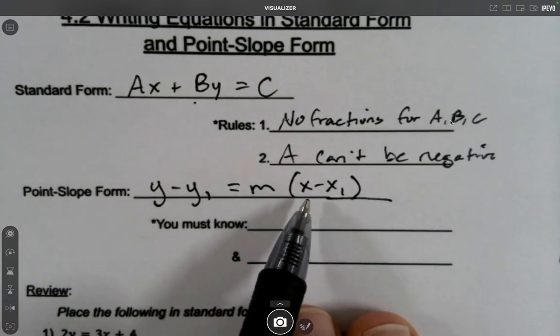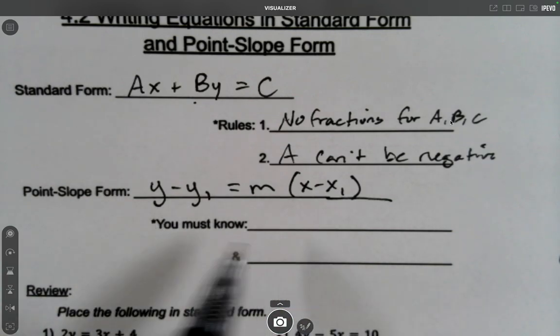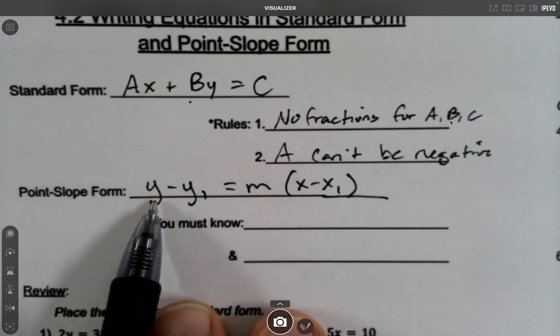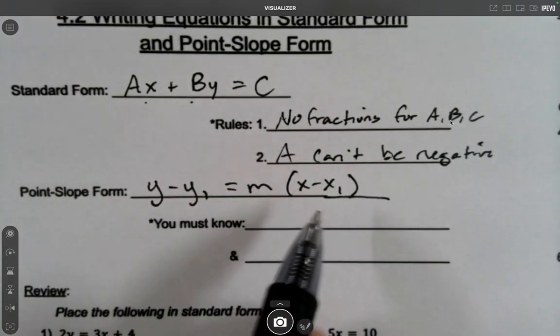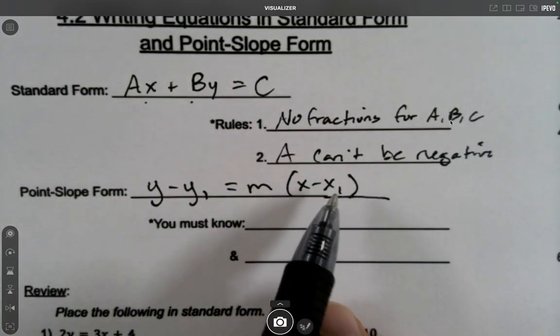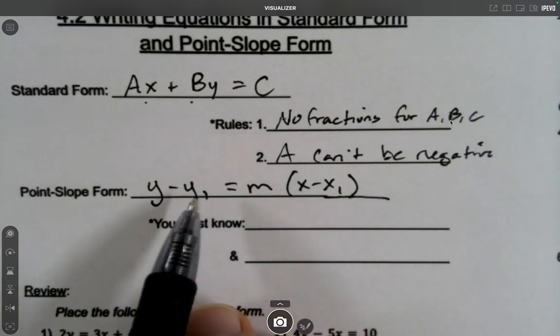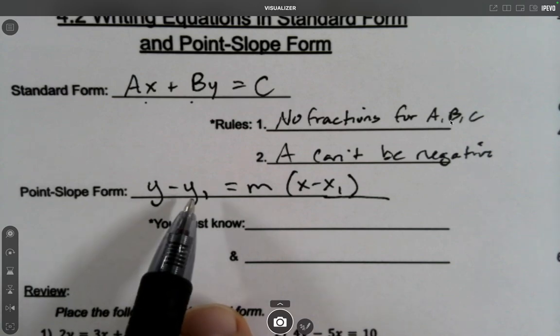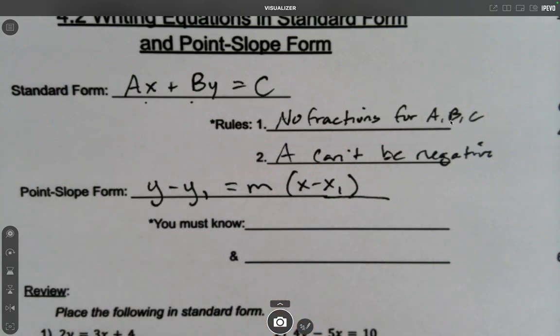The x and the y are variables, just like x and y are variables up here. x1 is an x value from a point, so it's a specific number in a problem. y1 is the y value from that same point, so it's a number in a specific problem. And m is slope, just like it was in the slope-intercept form.